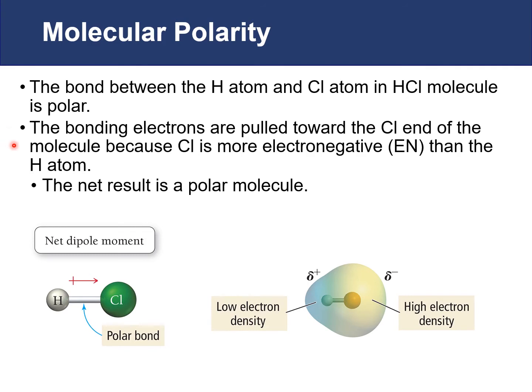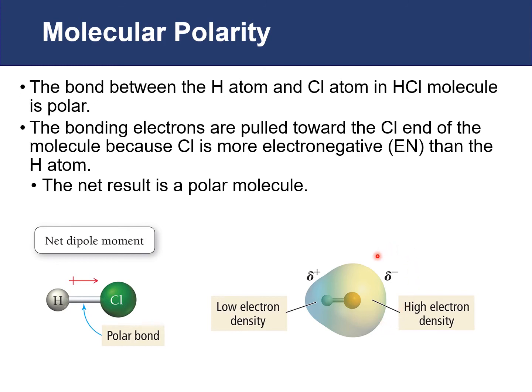Because chlorine is more electronegative than the hydrogen atom, it will pull the electron density from the bond towards it, giving you a region of low electron density nearby the hydrogen, and a region of high electron density around the chlorine.